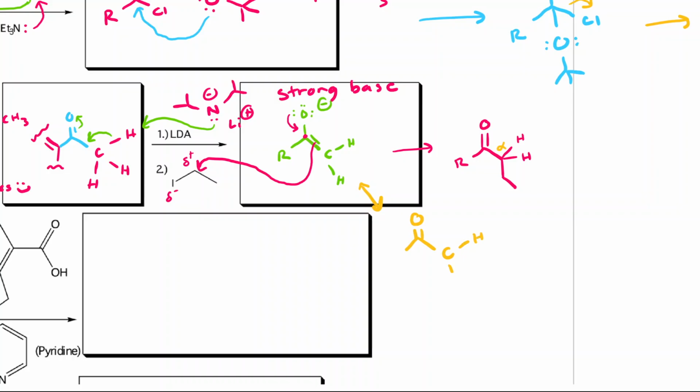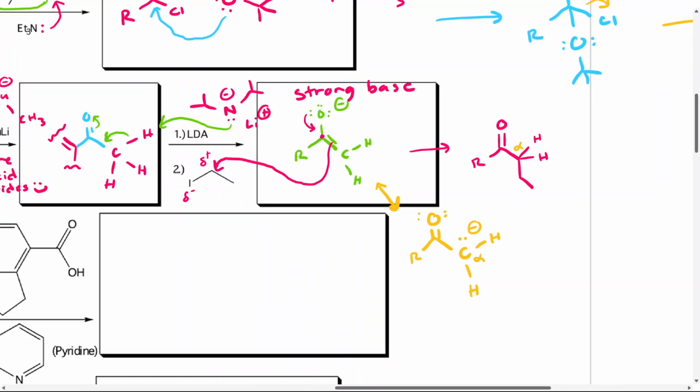See? And all I've done to draw this molecule is push electrons down from the oxygen to reform the carbonyl, which then pushes the pi bond between the carbons onto the singular carbon, the alpha carbon, in fact, which allows it to have nucleophilic character, and then add in the ethyl iodine.